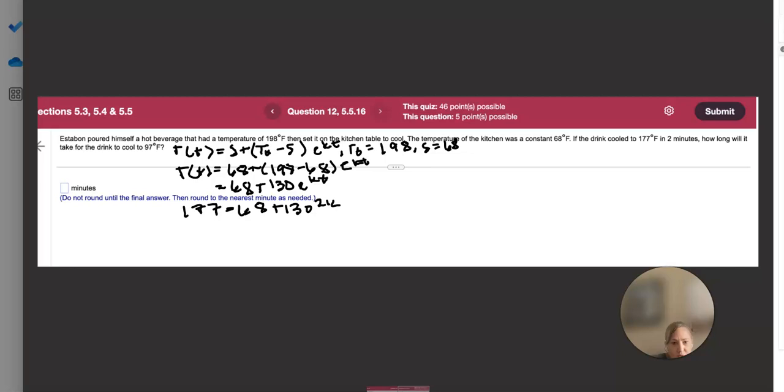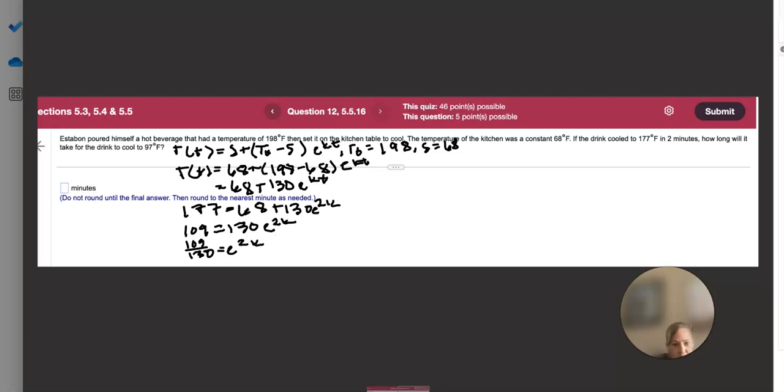Now we're going to subtract 68 from both sides. That gives us 109 equals 130 e to the 2k. Now we're going to divide by 130 on both sides. So that gives us 109 over 130 equals e to the 2k.